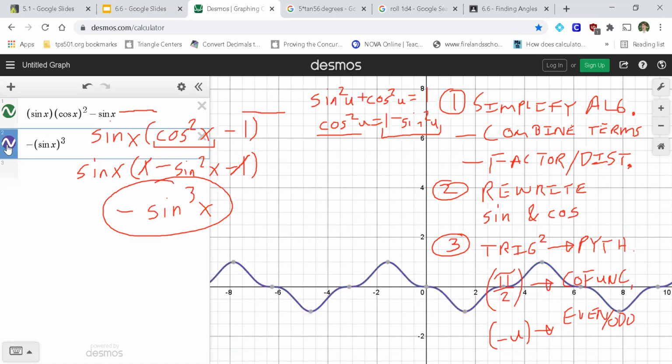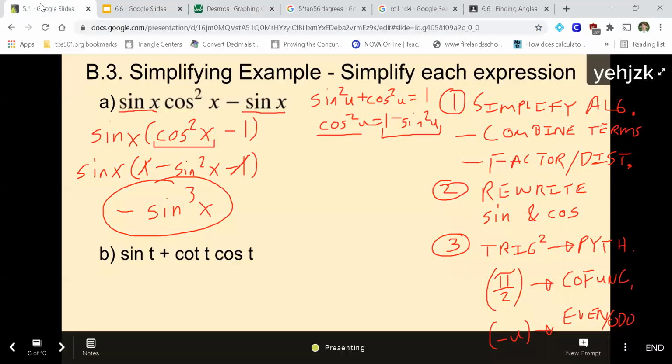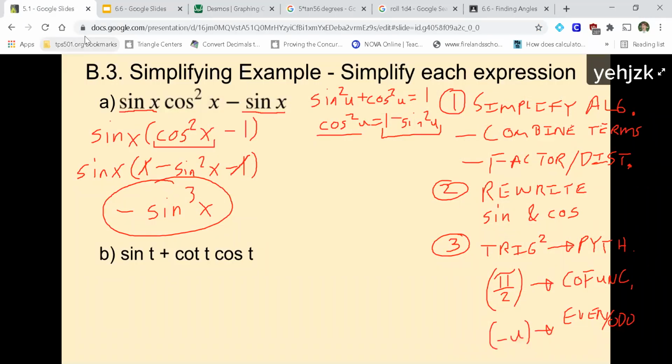So at least I know that the answer I have is an equivalent expression. You still might get in trouble if you haven't simplified it enough, if there's more things you could do to simplify it.